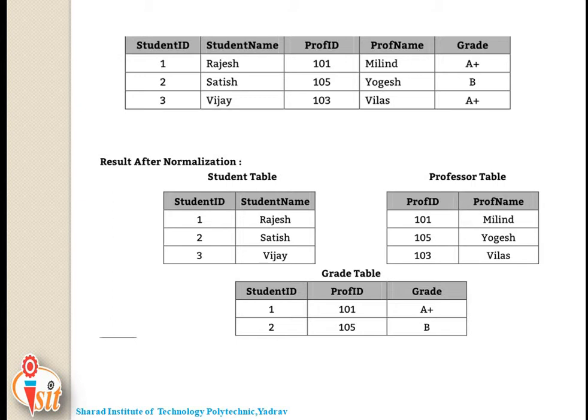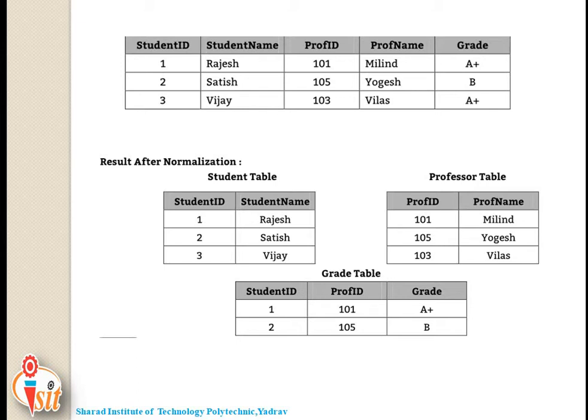That is how you write it: professor ID, then an arrow, and then professor name, as you have already seen how a functional dependency should be written. Next, the attribute student name is functionally dependent on student ID. And the third one is that the attribute grade is fully functionally dependent on student ID and professor ID.